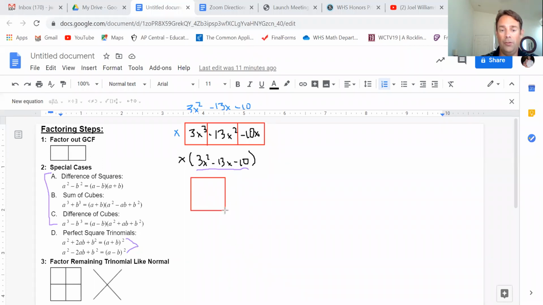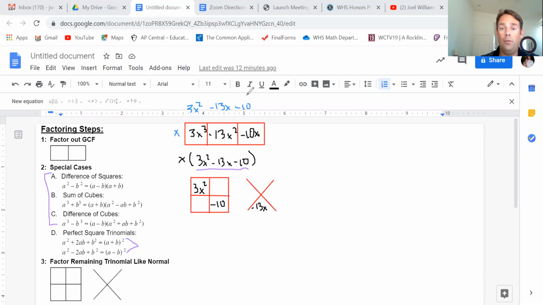So let's see here. I'm going to have myself a diamond and a box. There's my first part of my box, there's my diamond, the other part of my box, and another diamond. So we're going to input all our numbers in here. The first term, the 3x squared, goes in the top box. The negative 13x goes in the bottom of my diamond. The negative 10 goes in the bottom of my box.